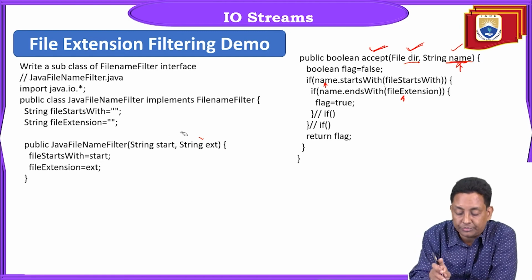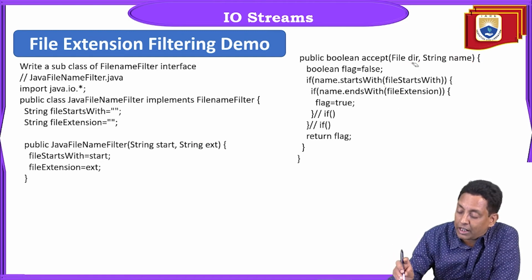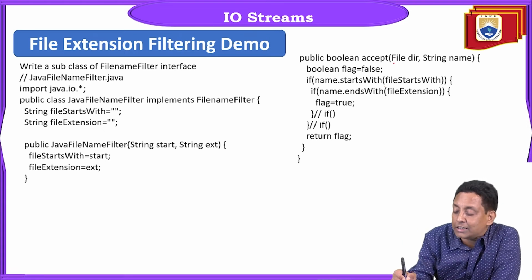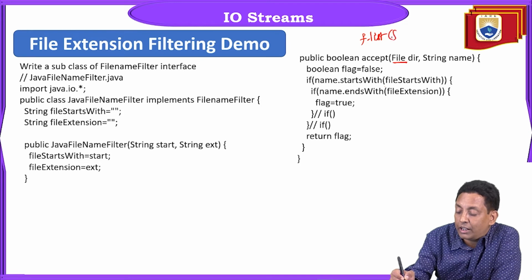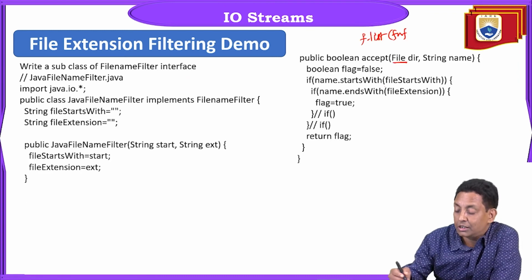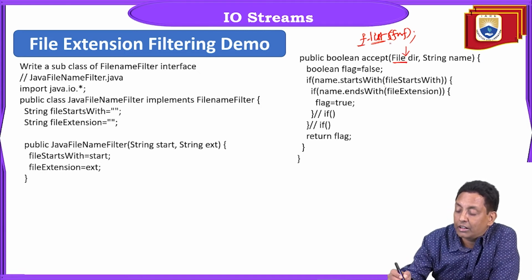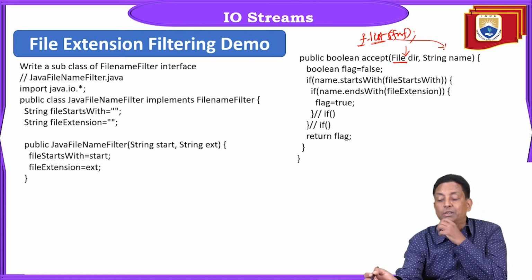That we are checking. So each file from this directory, and who calls this accept method? The file object dot list method. The Java file name filter class object is passed as argument here, right? During this method call, this list method will pass this directory and the file name as arguments here. Each file name is an argument here.